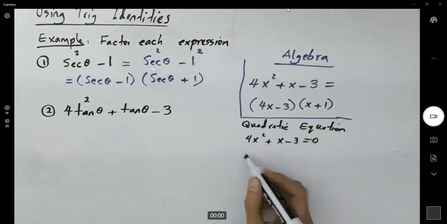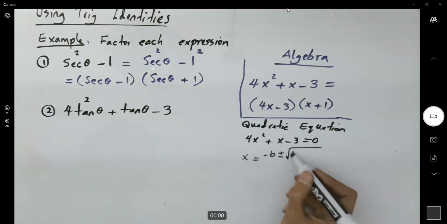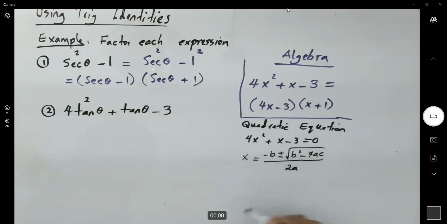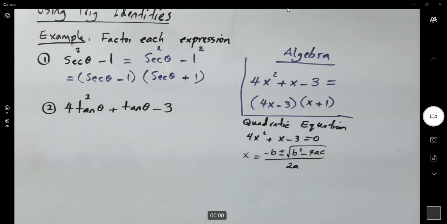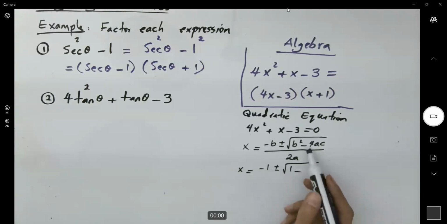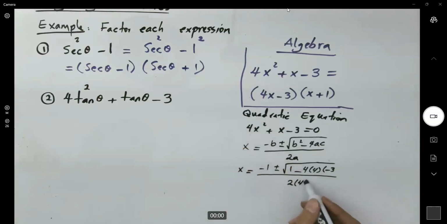So remember that in the quadratic formula, you have x equals -b plus or minus the square root of b squared minus 4ac, divided by 2a. Okay, it's not that hard. You can easily identify a, identify b, identify c, and then plug them in. x is equal to -b, -1, plus or minus the square root of b squared, 1, minus 4 times -3, and then divided by 2 times a, which is 2 times 4.